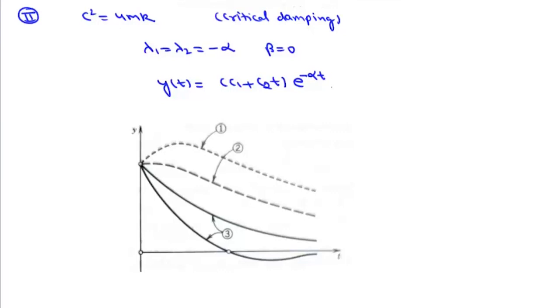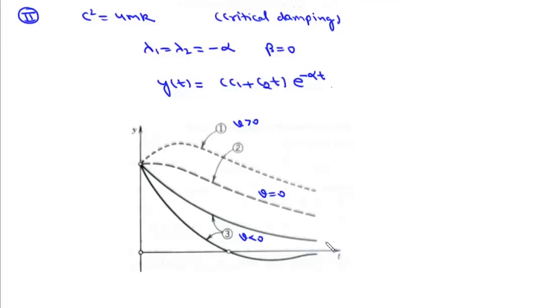Now for different values of c1 and c2, if we consider its typical graph, if we take positive initial velocity, then its motion will look like this first dotted line. If we take v as 0, it will be the second dotted line, and if we take v negative, then the motion will be along either of these two lines depending on values of c1 and c2.